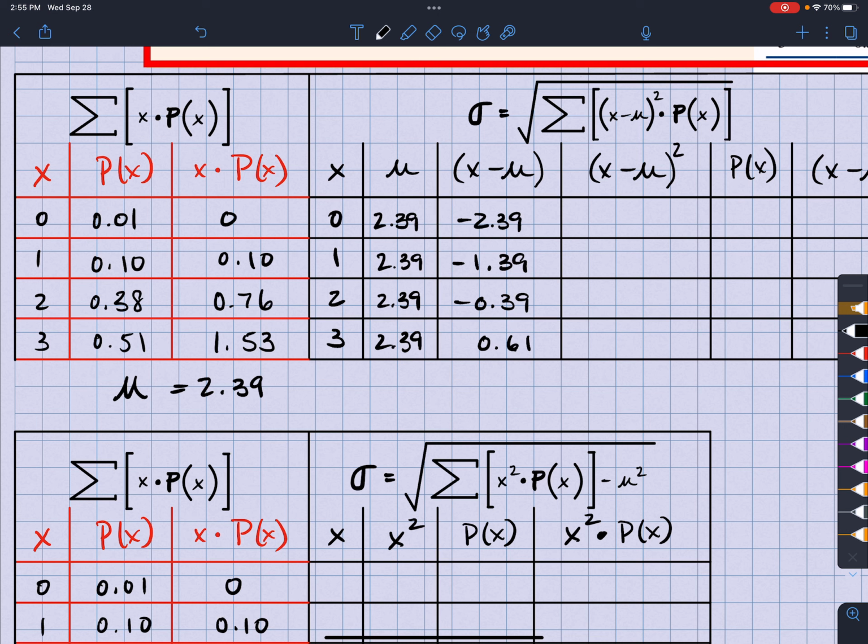So let's see here. Negative 2.39 squared.